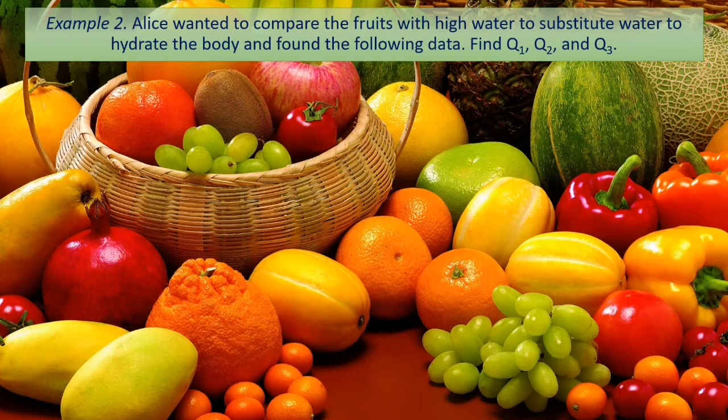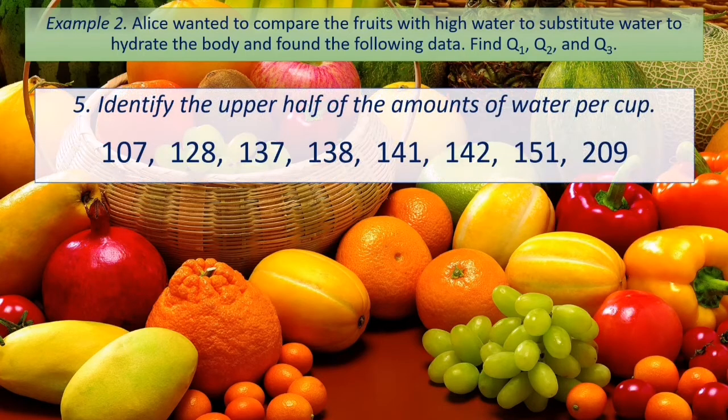Lastly, we will find the third quartile. To find the value of the third quartile, identify the upper half of the amounts of water per cup. So we have 141, 142, 151, and 209.